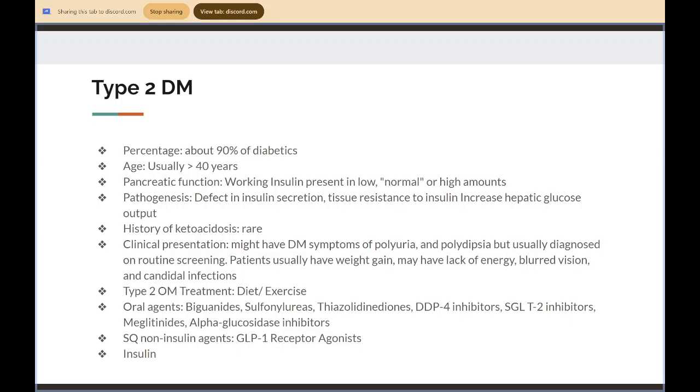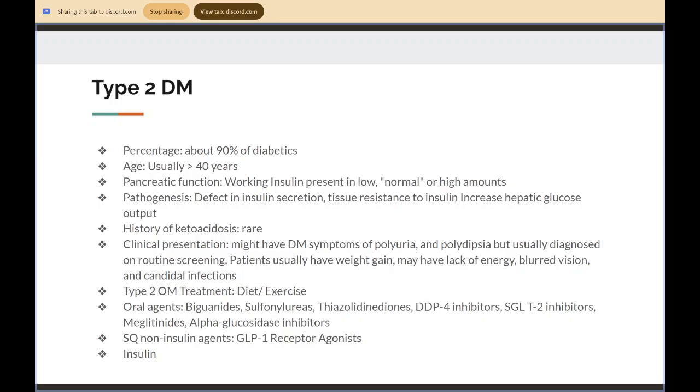So type 2 can mean you have low insulin, your body's not producing enough to control blood sugars. It can be normal or high, but your body is just not sensitive to that. And that's the pathogenesis. There can be a defect in the secretion or the amount of secretion, and there can be tissue resistance. Also, there can be increased hepatic glucose output.